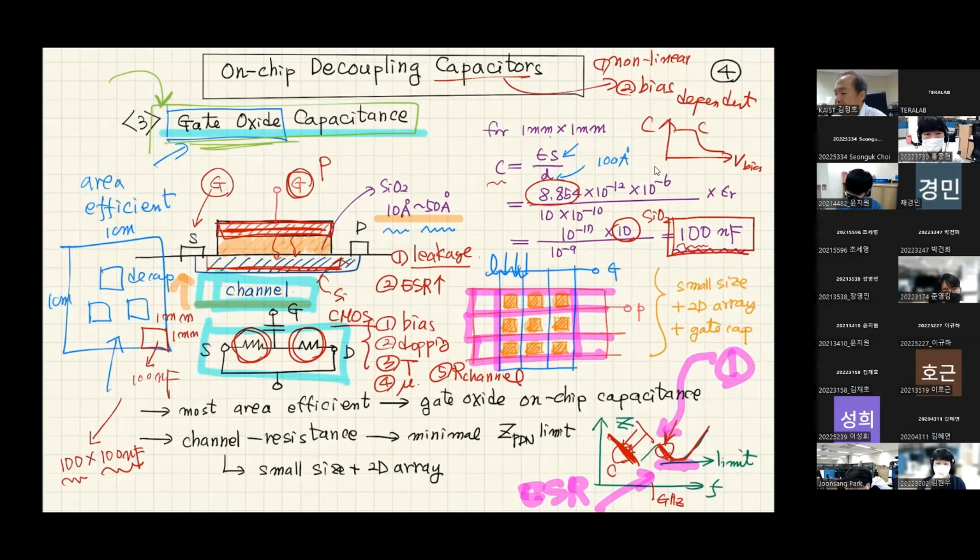But gate oxide capacitance has channel resistance. So in order to minimize the effect of channel resistance, we have to make very small size gate capacitances and increase the number of them. A small size, many. One way to do that is to design a grid type of power and ground on-chip design. And in each grid, you add a decoupling capacitor with gate oxide.